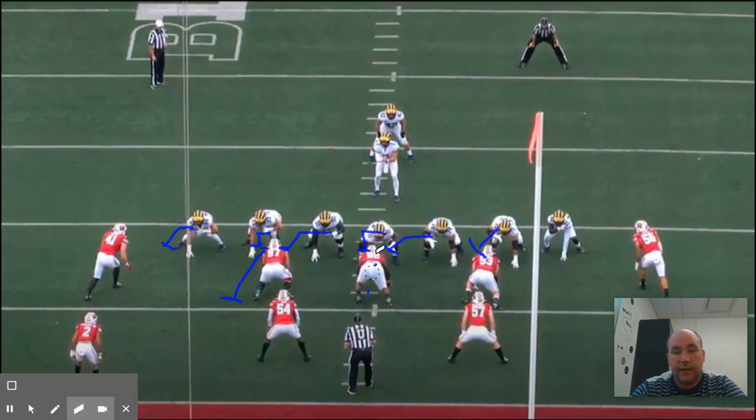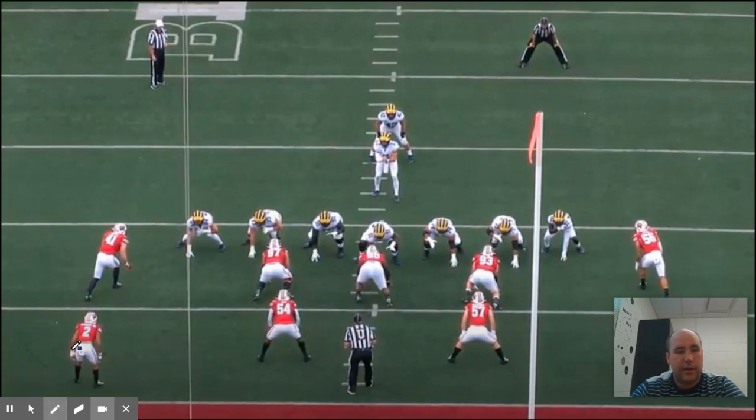And I'm not going to sit here and tell you which one's better than the other because I don't know what your O-line looks like and I don't know what their defense looks like. But I will tell you that it'd be a good idea to sit down and decide as a staff how to handle bear.